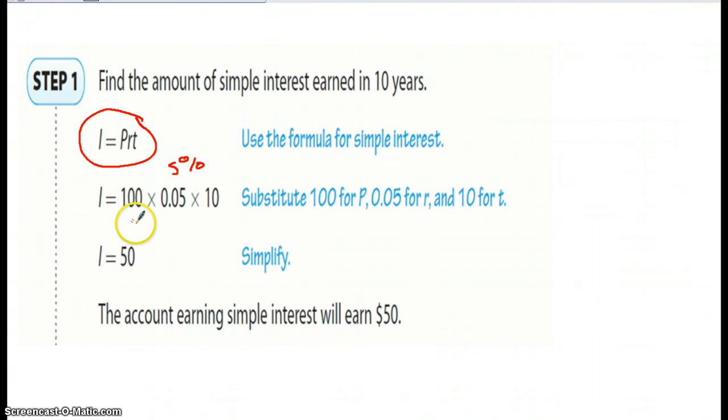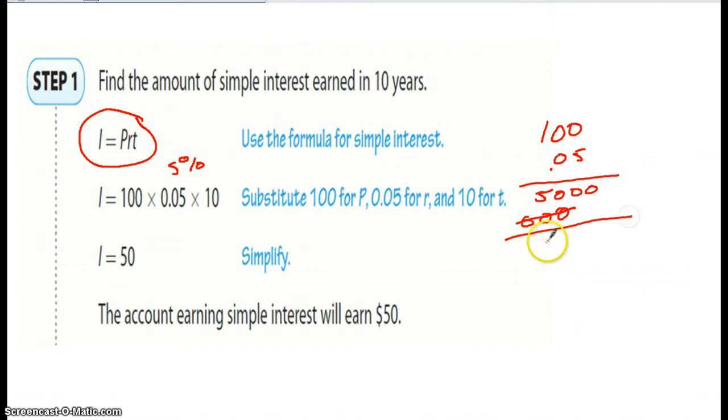So when we do this, this is going to give us 100 times 0.05, and then we can just get rid of these zeros, add up, and we'll have $50 because we have to take into consideration these two decimals.